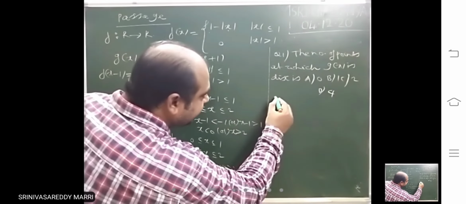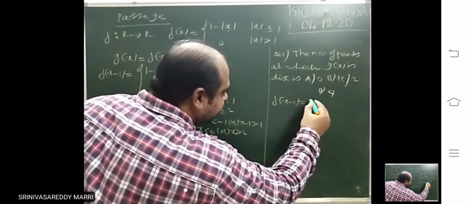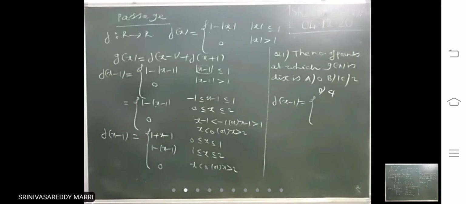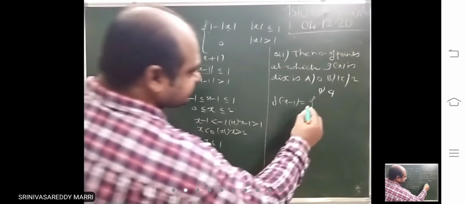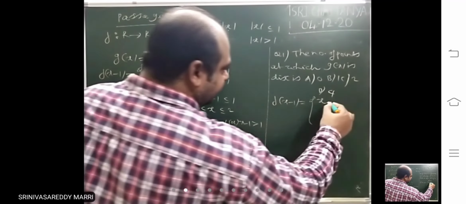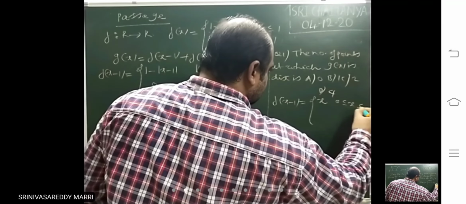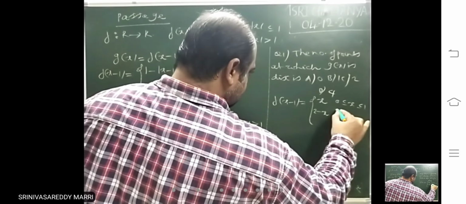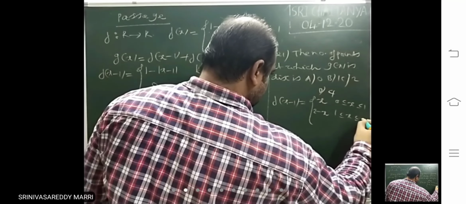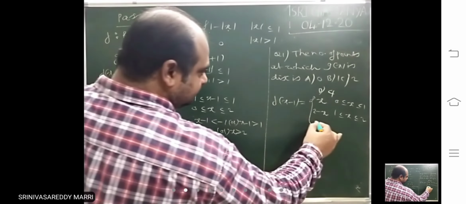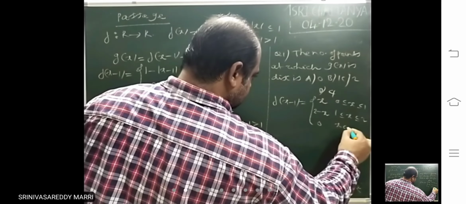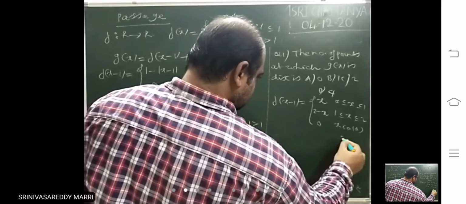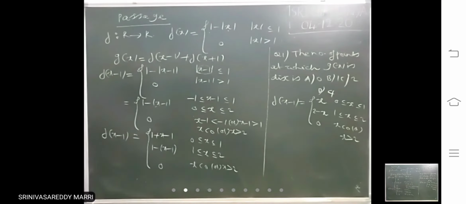Here is the final f of x minus 1 you are getting: x for 0 to 1, then 2 minus x for 1 to 2, and 0 otherwise. So keep it like this. This is f of x minus 1.